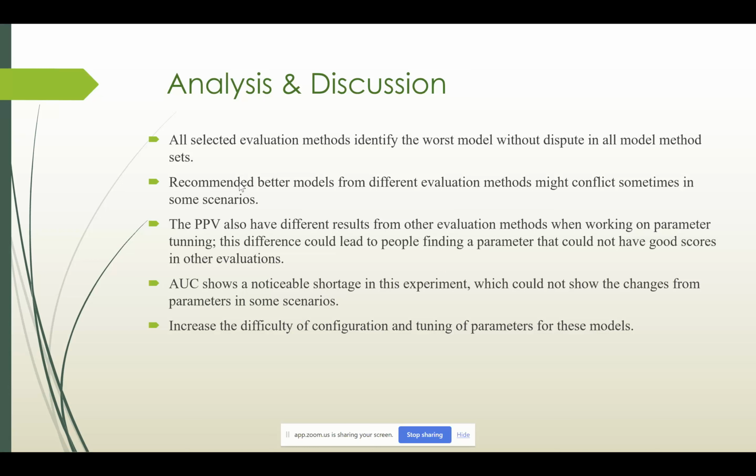Currently, some SDM packages provide a few evaluation methods to tune SDM automatically. However, for example, they select AUC to tune SDM. But actually, based on our results, we need to consider more strategies for the model's performance, particularly for tuning SDM.